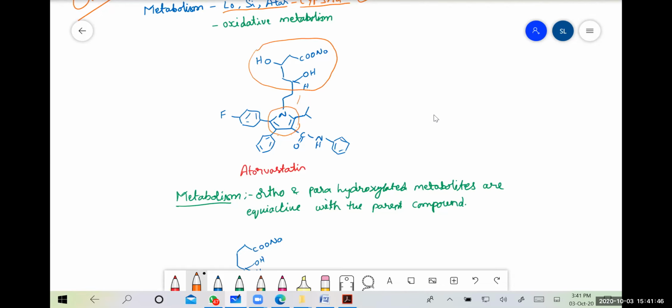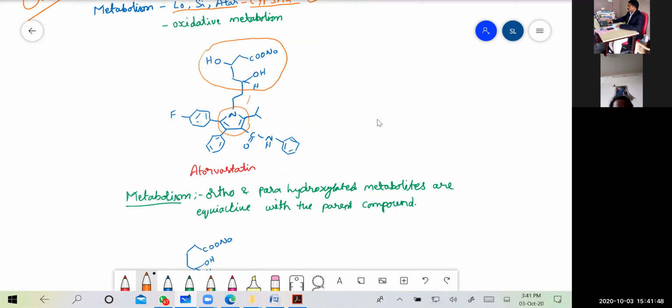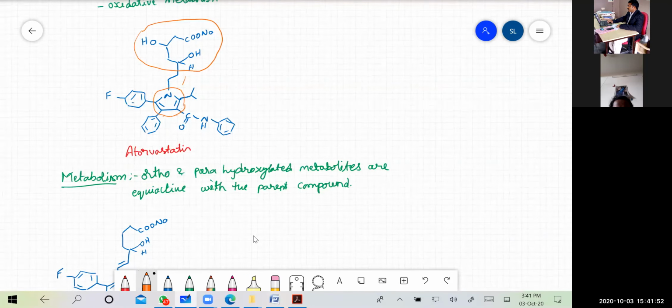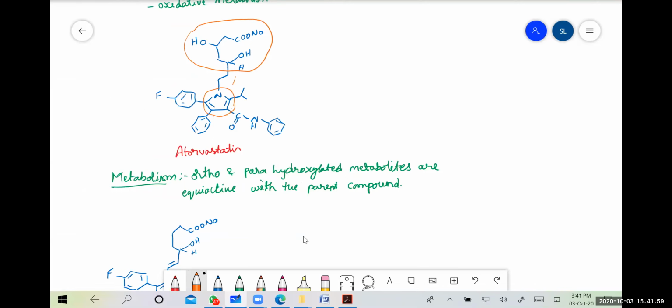So this is the structure of atorvastatin. Coming to its metabolism, atorvastatin is metabolized to ortho and para hydroxy metabolites, which are equiactive with the parent compound.